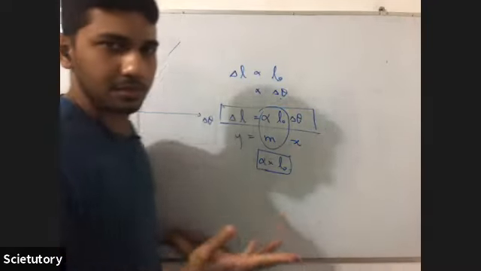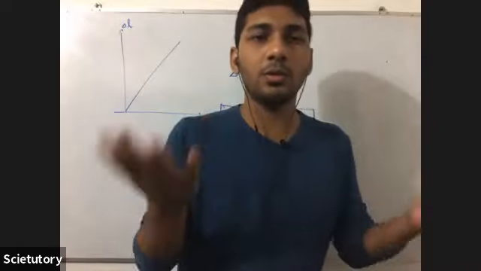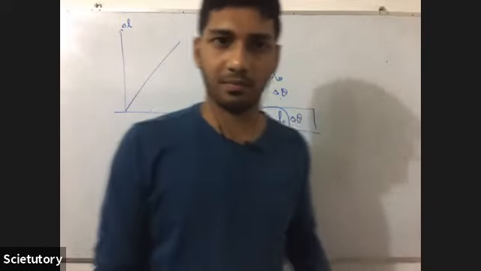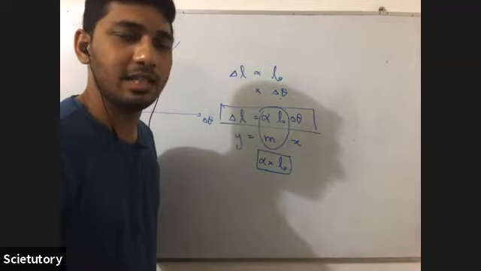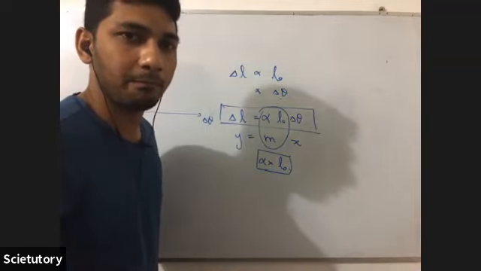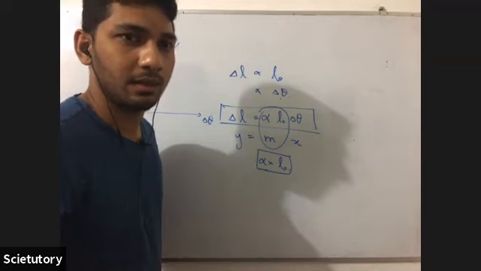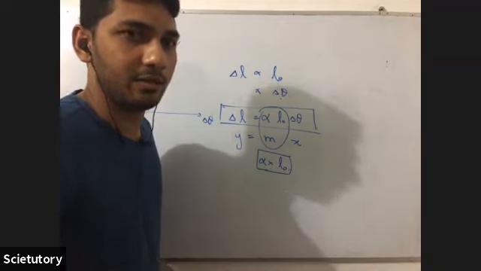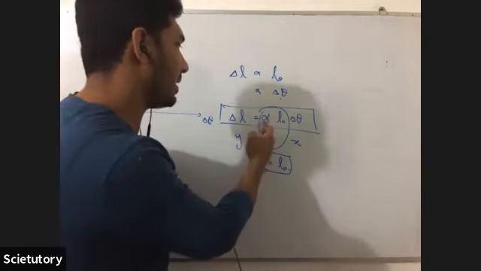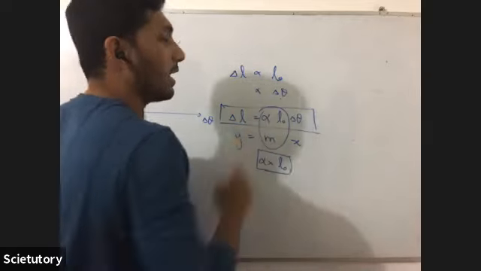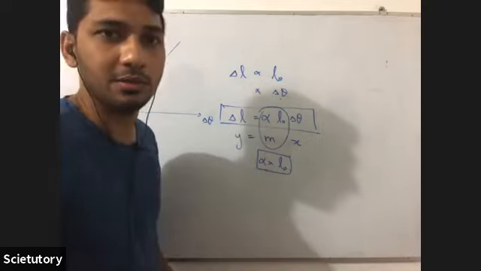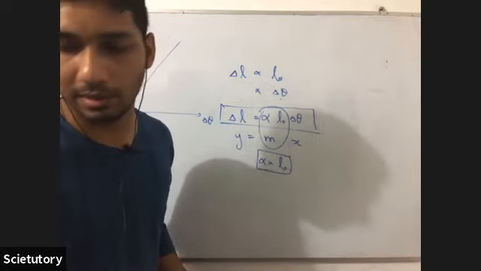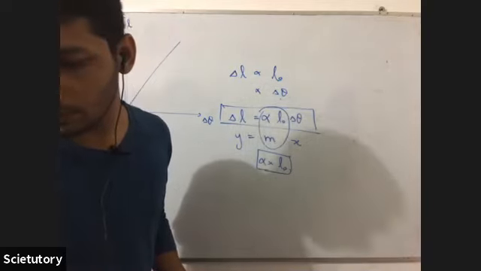For two graphs to coincide, what is the condition? The gradient should be equal, no? Gradient should be equal. So the multiplication of linear expansivity and the initial length should be equal for those two metals.